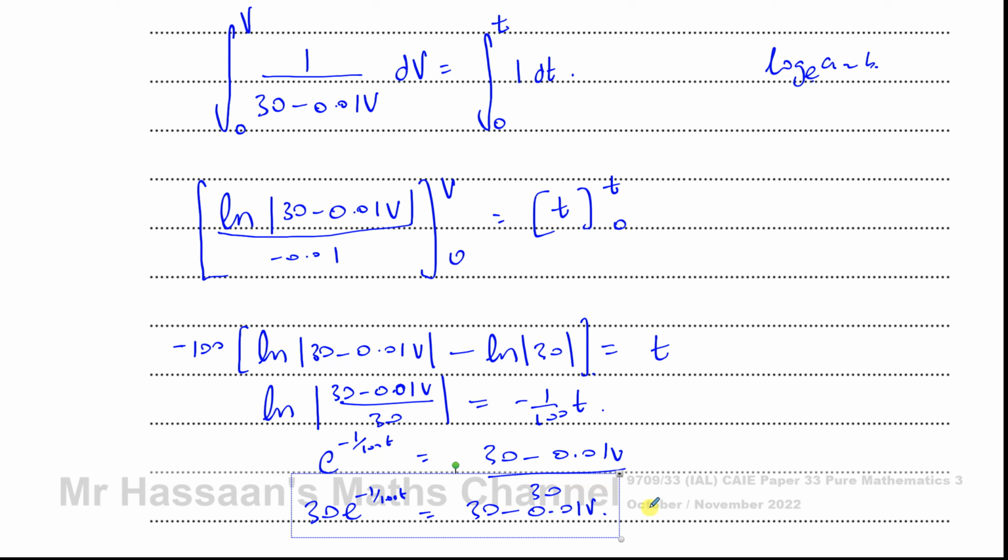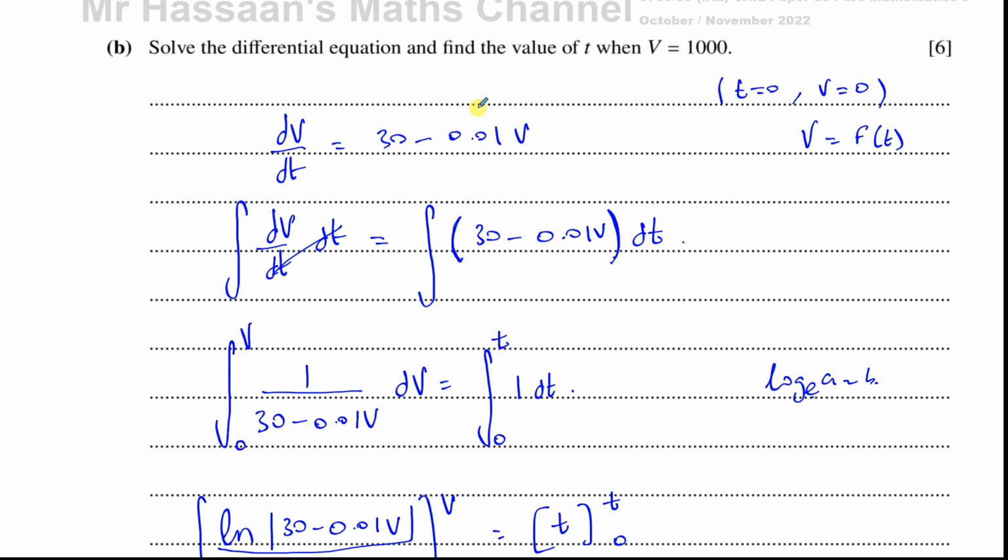Then, when I rearrange it for t, I would get the answer almost directly. If they didn't say solve the differential equation, they wouldn't want an expression that looks like this, v in terms of t.